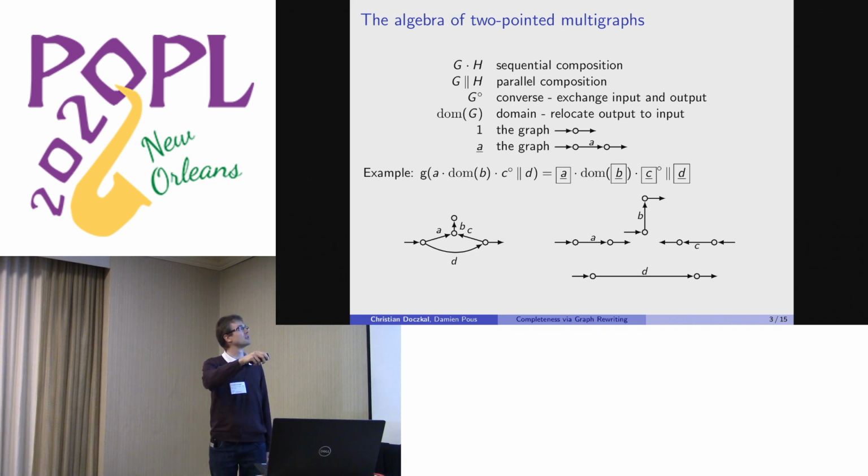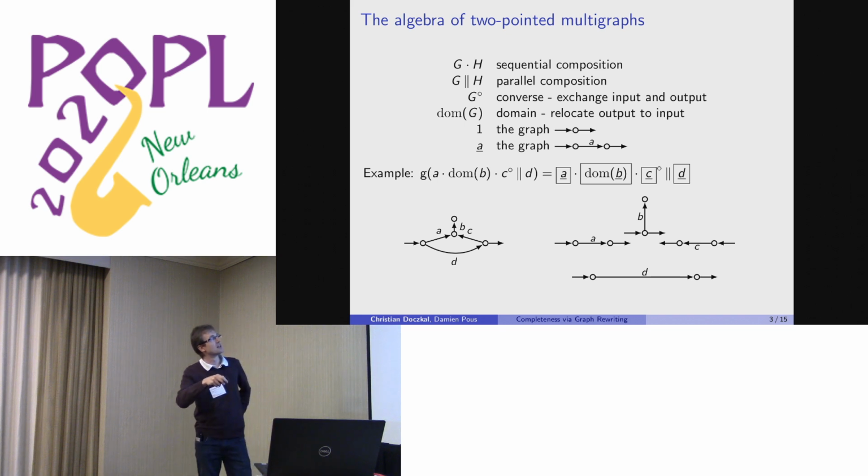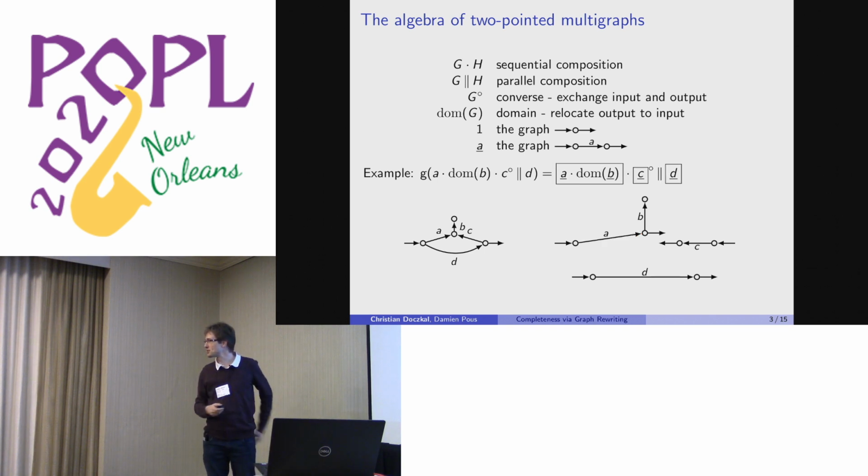The first is this domain operation, which just relocates the output to the input. So afterwards, this graph looks like this. Then you have a dot, which is the sequential composition, which just means we identify the output of the first argument with the input of the second. So here a vertex actually vanishes because you're smashing those two vertices.